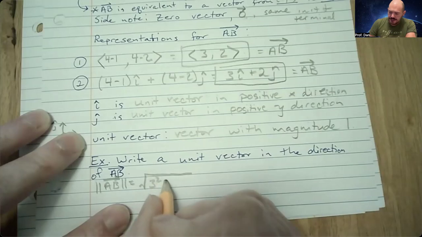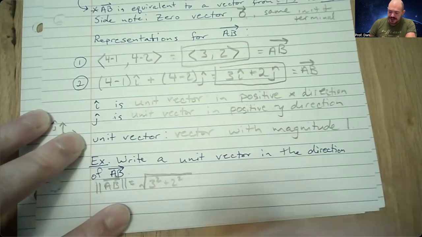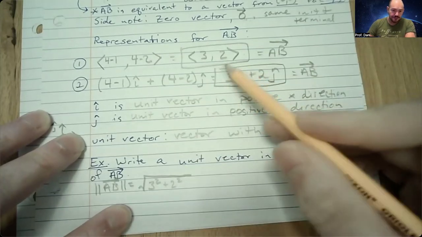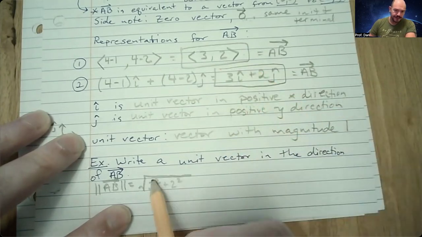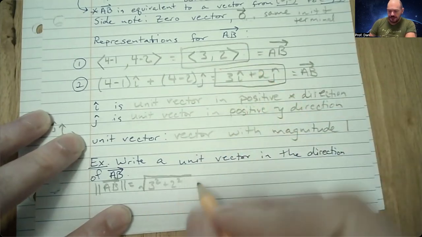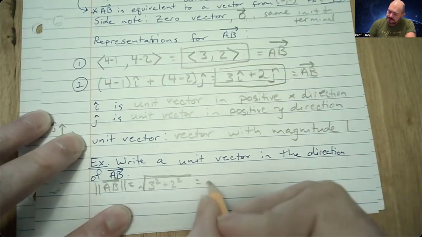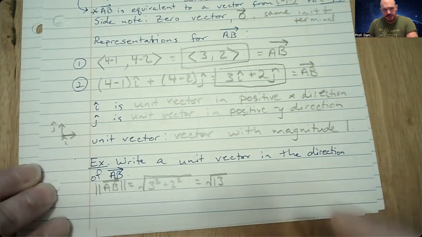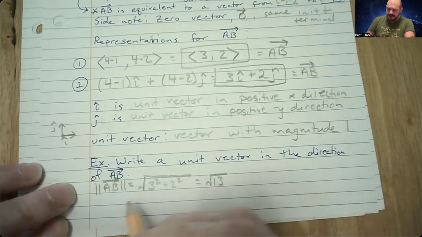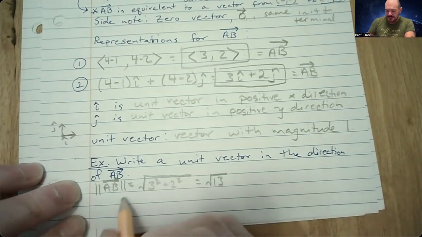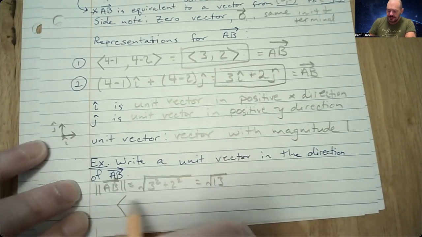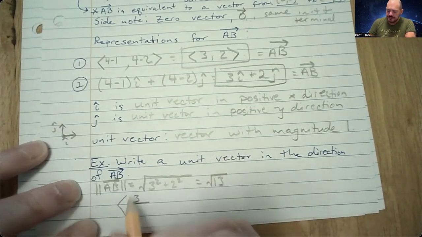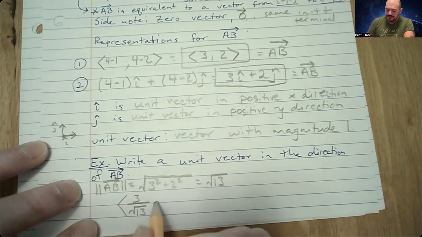Square root of 3 squared plus 2 squared. So once I have my vector in component form like this, I can just use those numbers to find the magnitude. So that's the magnitude. The unit vector in the direction of AB is essentially going to be our component form divided by the magnitude.